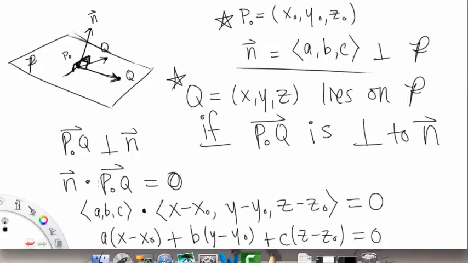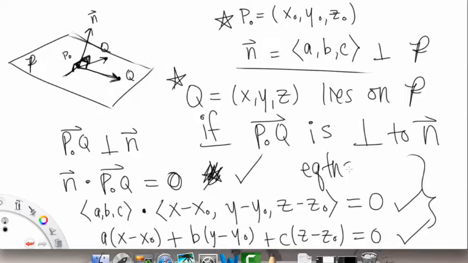Everything I've written starting from this equation, I'll use a different symbol, not a star, but a check mark. Starting from this check mark up to here, these are all valid equations for a plane in 3 dimensions. And I'll continue on the next slide.